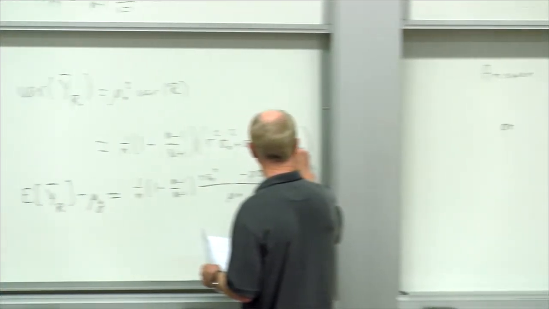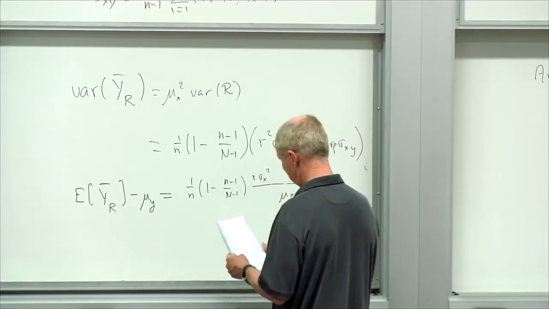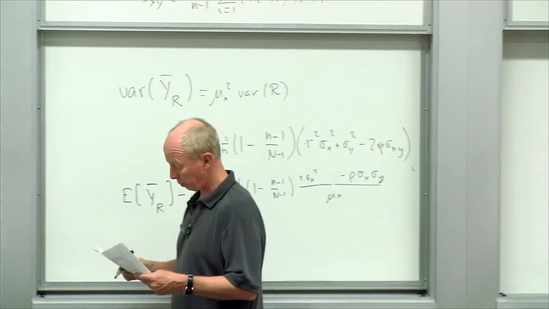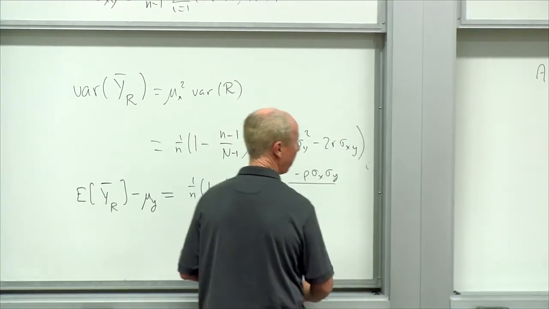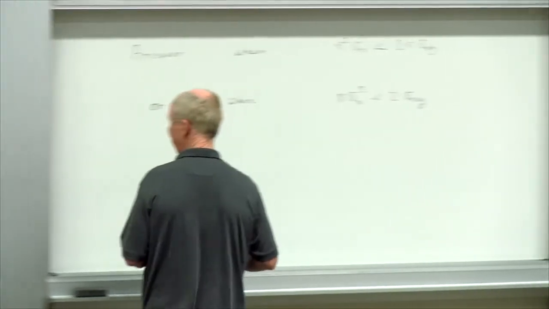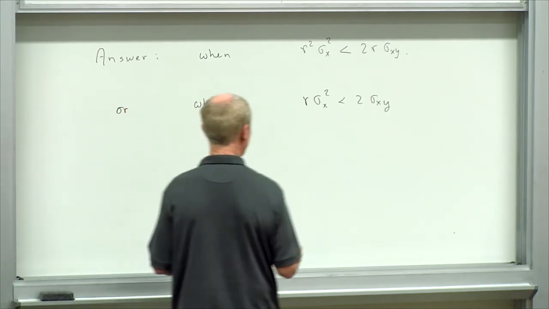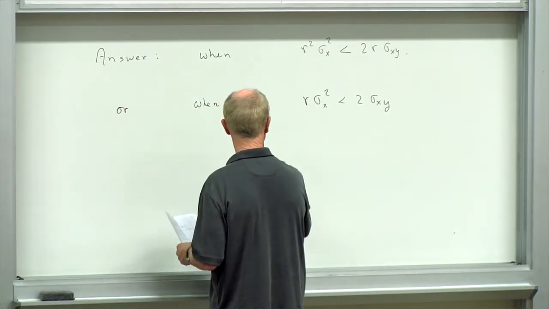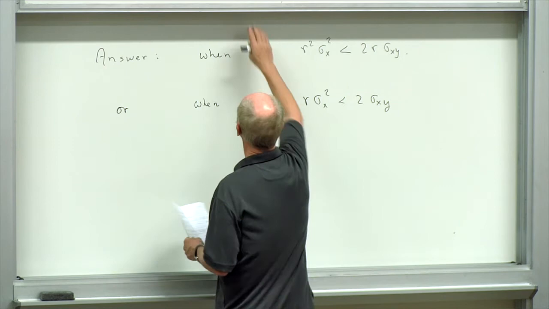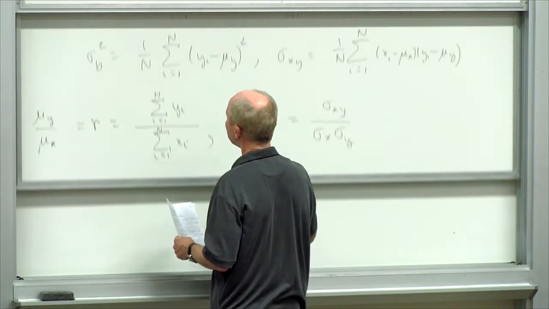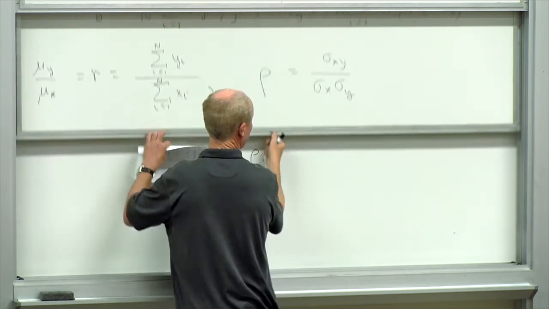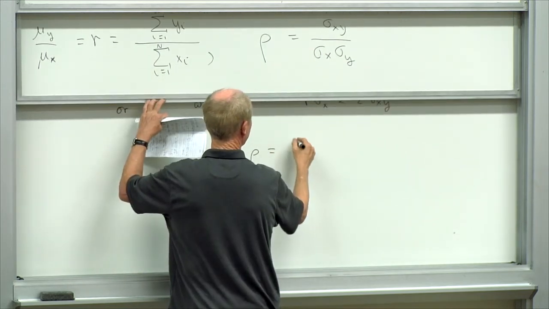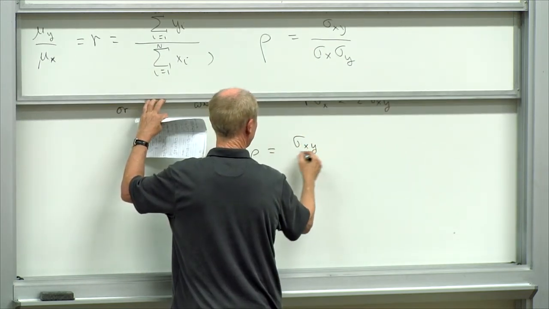There's a row here. If I write, no, this is correct. But let me write, remember what rho is. I think I have it here. Here, it's sigma xy over sigma x sigma y.